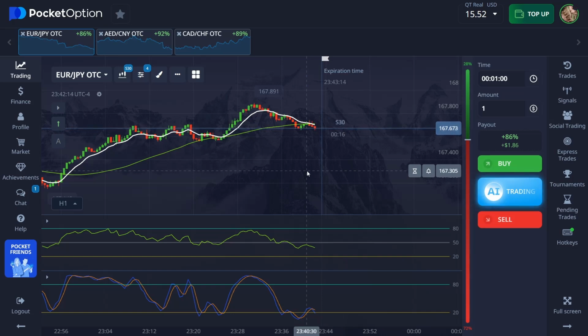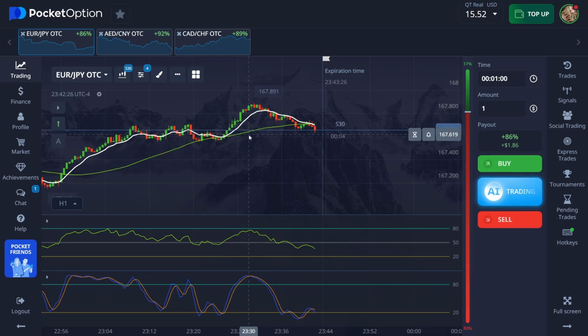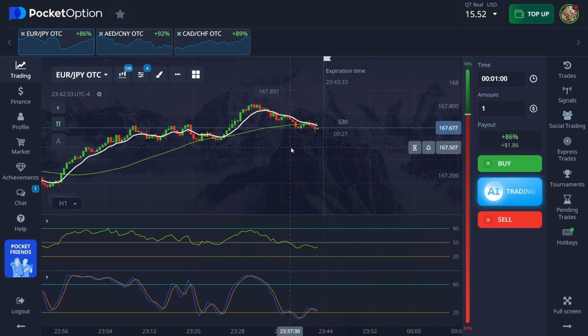This strategy comprises three main indicators. You have, see the green line, that's the 50 SMA. That tells you what the market tendency is, whether you're in a trending market or a ranging market. Remember, you have only two types of market.